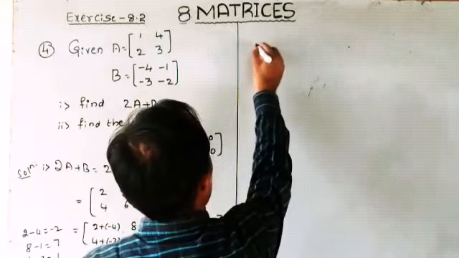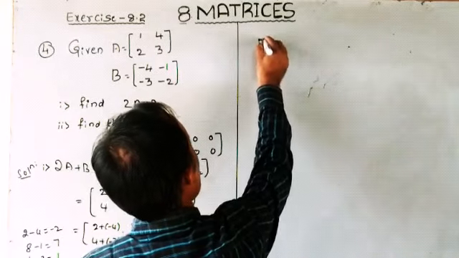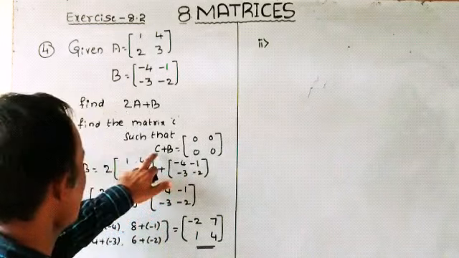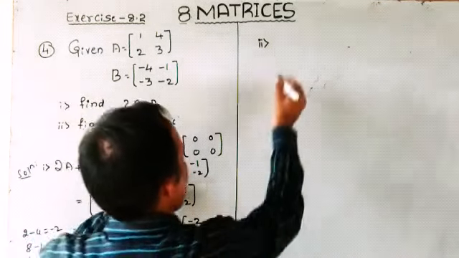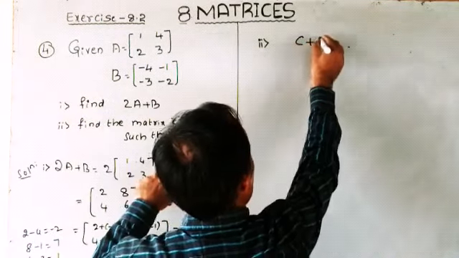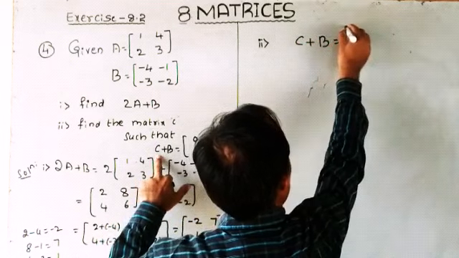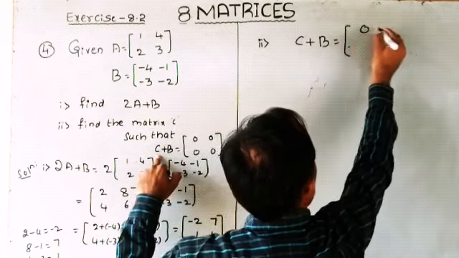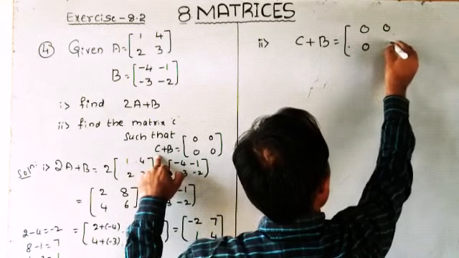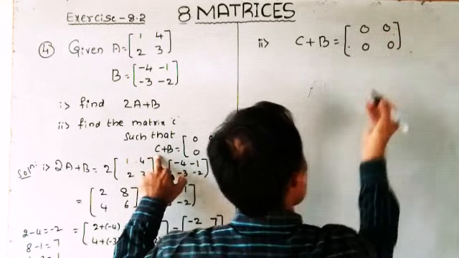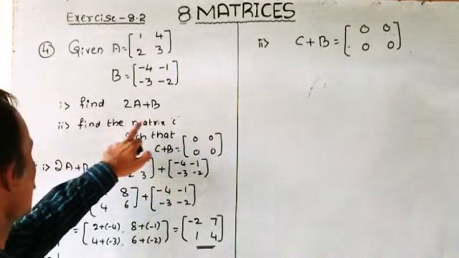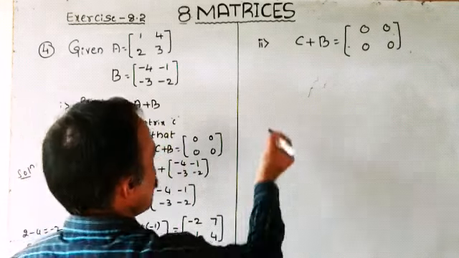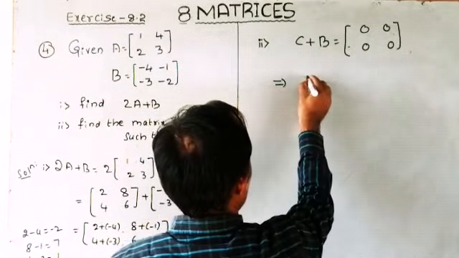Now, the second one. The given condition here: C plus B is equal to the null matrix, that is 0, 0, 0, 0. By using this relation, find the value of C, or find the matrix C. First, find the value of C from this.